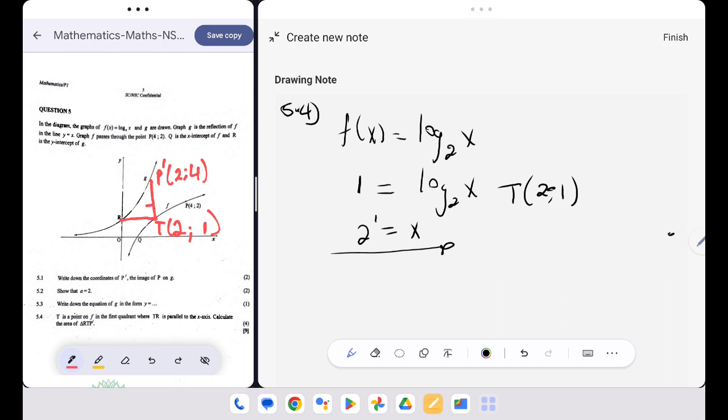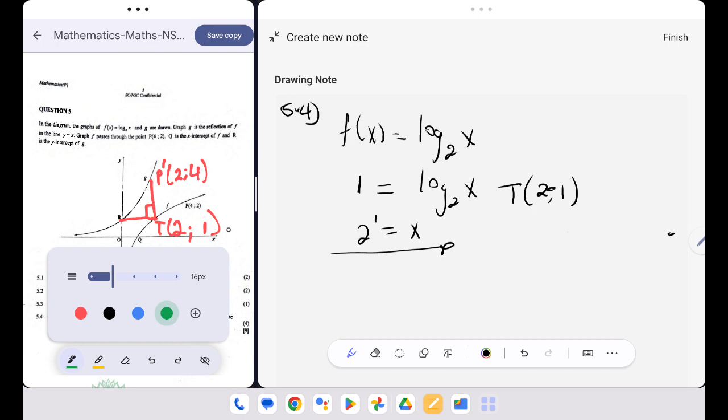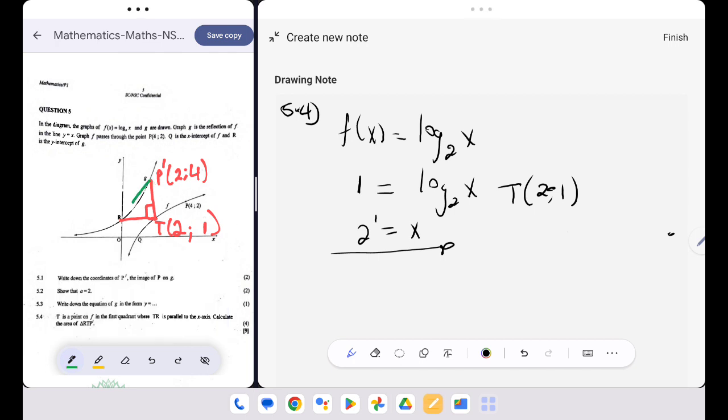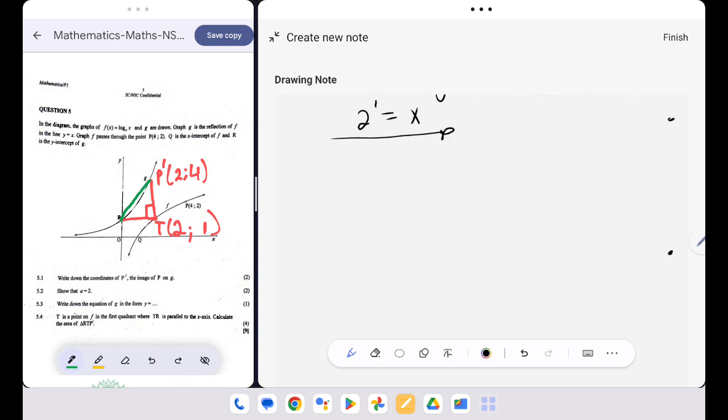So that means here it will be 90 degrees, and a triangle will be, let me just draw it with a different color. This will be a complete triangle. So for us to find the area of a triangle, we need to find the length of the base, which is RT.